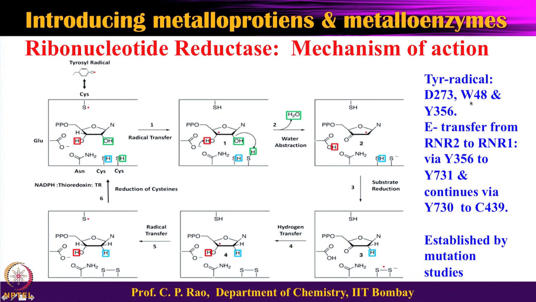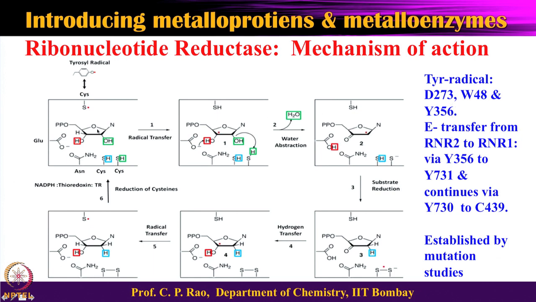In the tyrosine radical, as I said, the radical is placed with certain residue side chains. They are also placed within the hydrophobic core, and the residues there are aspartic acid 273, tryptophan 48 and tyrosine 356. These are from the RNR2 side. That means the radical is not just exposed; there is a protein core protecting it with a hydrophobic environment as well as the aspartic acid, tryptophan and tyrosine.